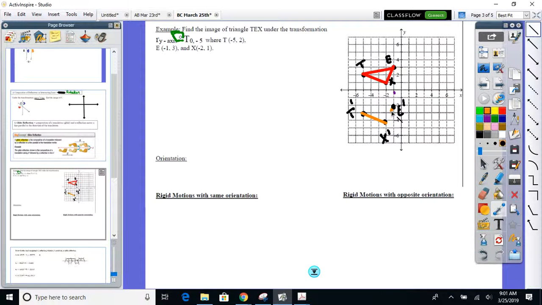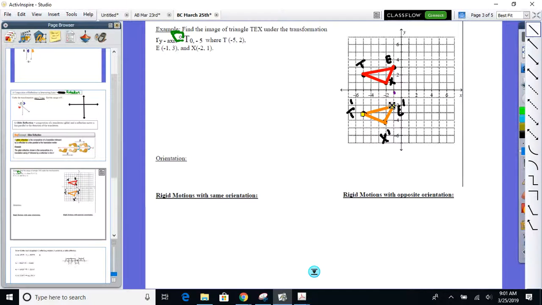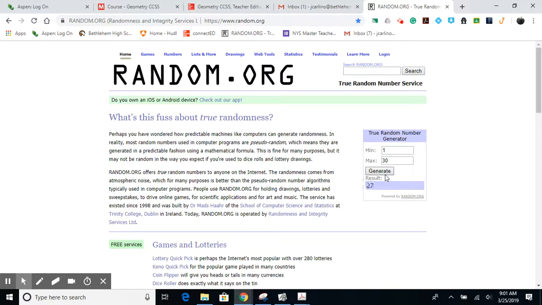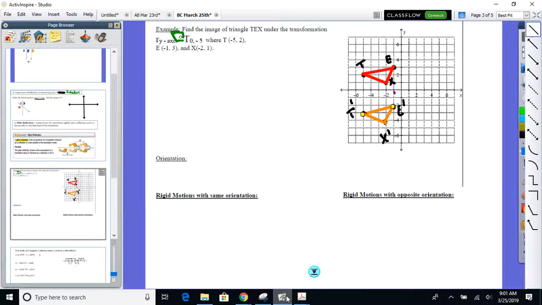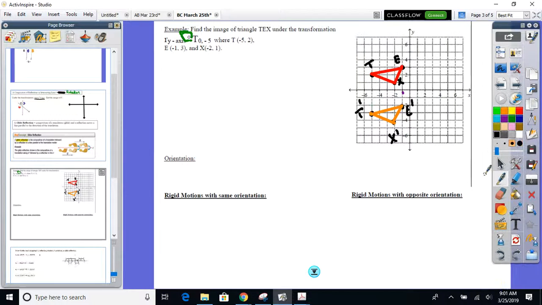And then from here, keep reading to the left. You're going to take your prime triangle and reflect it over the y-axis. Those are the coordinates I'm interested in here at the end.